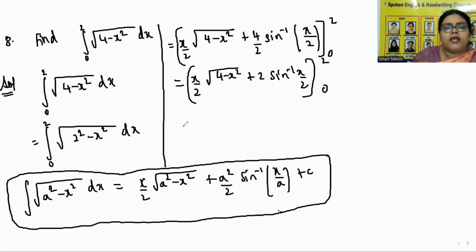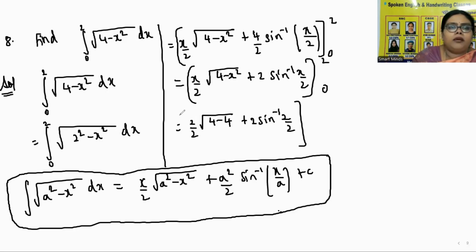Now first we apply the upper limit: 2 by 2 root over 4 minus 2 square is 4, plus 2 sine inverse 2 by 2. Here I applied the upper limit. Minus, now we have to apply the lower limit: 0 by 2 root over 4 minus 0 square plus 2 sine inverse 0 by 2.